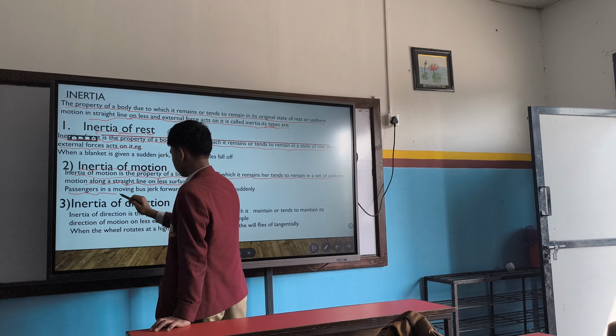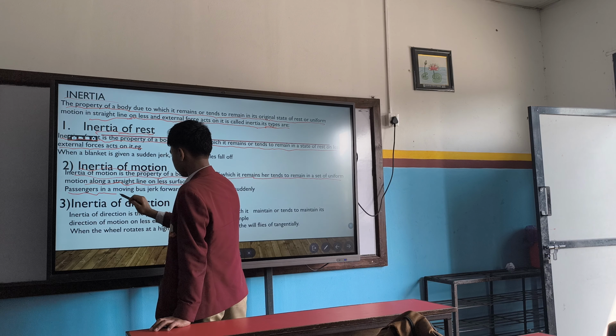Newton's first law of motion states that every body continues in its state of rest or uniform motion along a straight line unless an external force is applied to it.